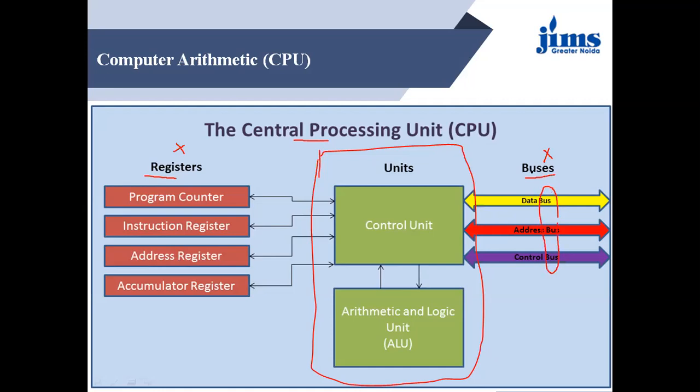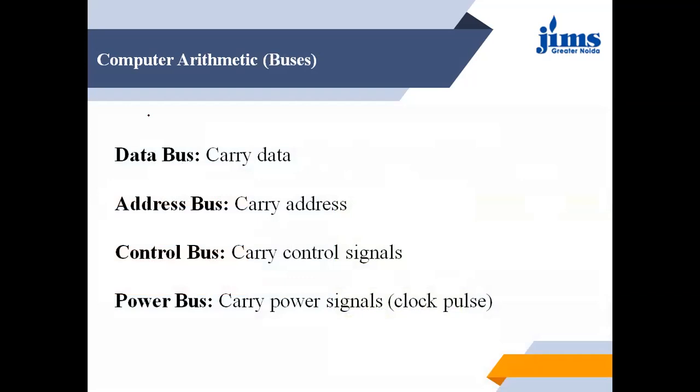When we are discussing about the bus, over here you can see that basically three types of bus, that is data bus, address bus and control bus, are associated with the control unit or central unit. The purpose of these buses, as the name suggests, is the same.